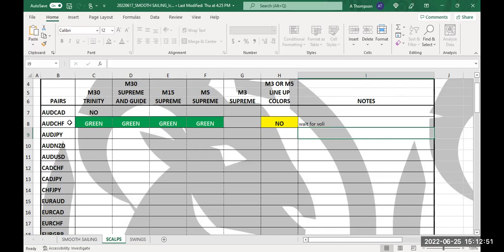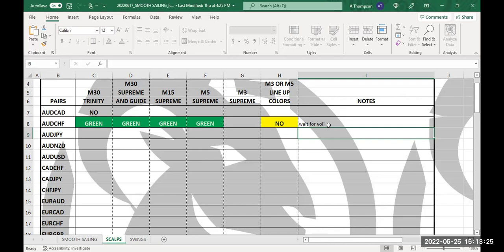I come here and I ask myself, for AUDCHF, do I have the Trinity? What color is it? It's going to tell me. If I don't have a Trinity, I'm going to say no, or I'm going to say yes. If I say yes, what color is it on the 30? What color is it on the 15? What color is it on the 5? And if I get to my 3-minute, or my 5, and everything is just not lining up, then I'm going to say in my notes, what am I waiting on?